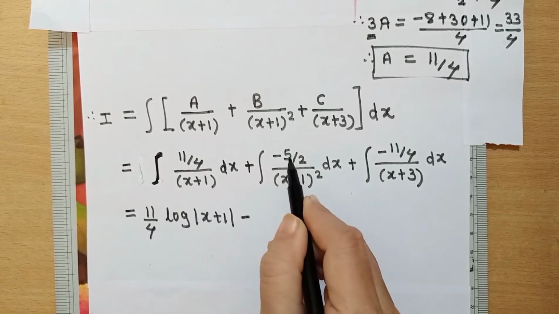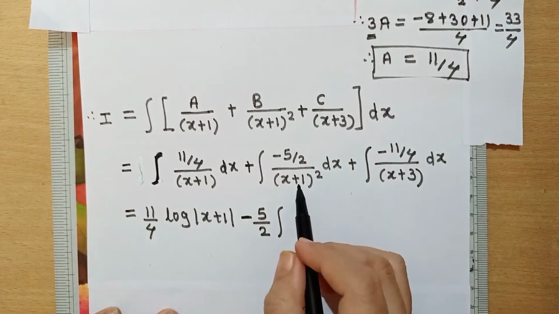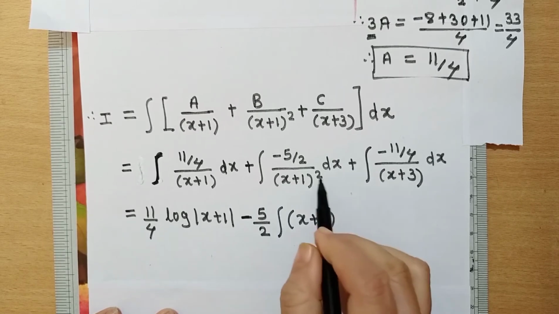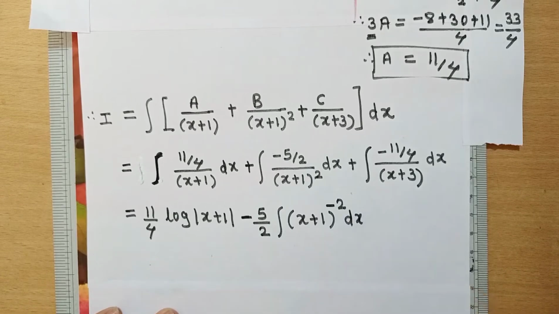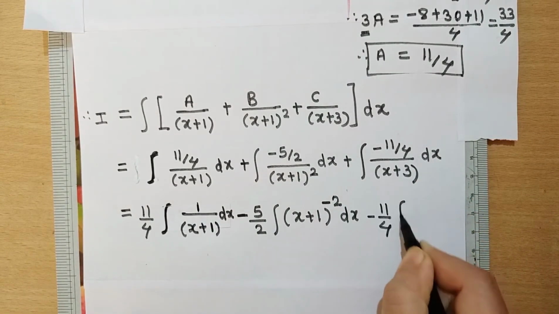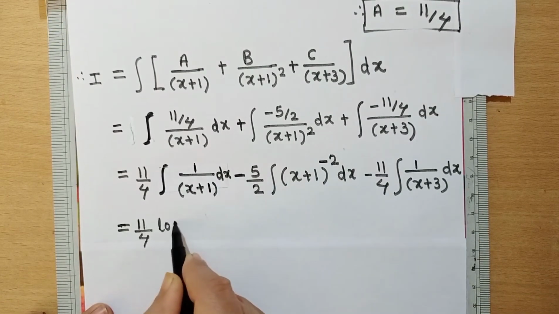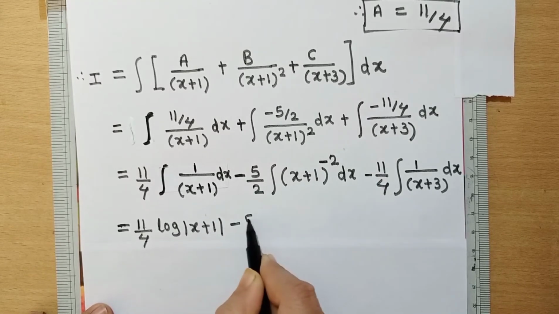And here we will take this constant outside, and we will keep this as (ax plus b) raised to n. So its index will become minus 2 dx, and this minus 11 upon 4 and this integration. Its answer is, we know, log of mod of x plus 1. Then here minus 5 by 2.